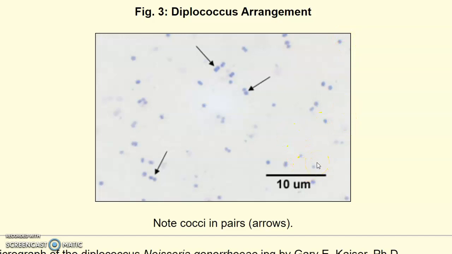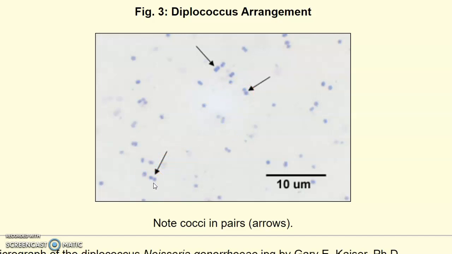So you can use this one image here for two different drawings on your lab document. Number 5, which is the coccus, which is just the singular round cell. And then number 8, which is your diplococcus, which is the paired arrangement that we see here.